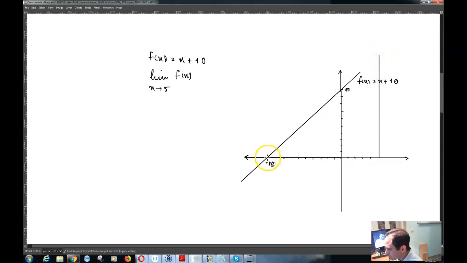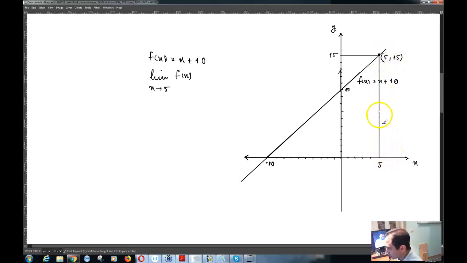It's this point over here, which is 15. Meaning that at x is equal to 5, the value of the function is 15.